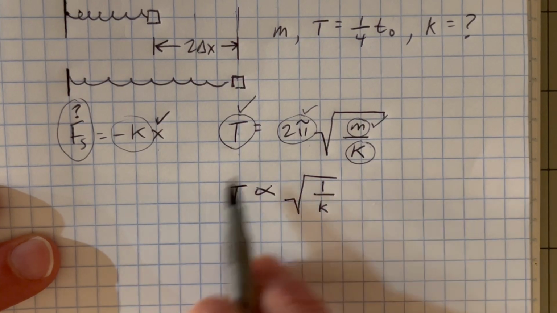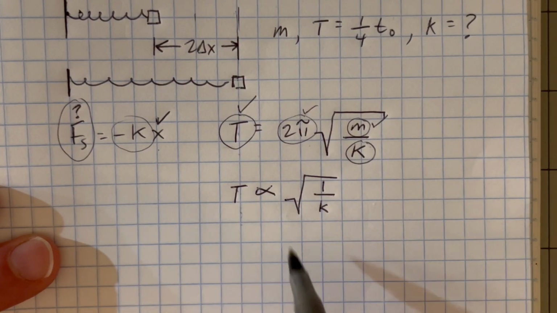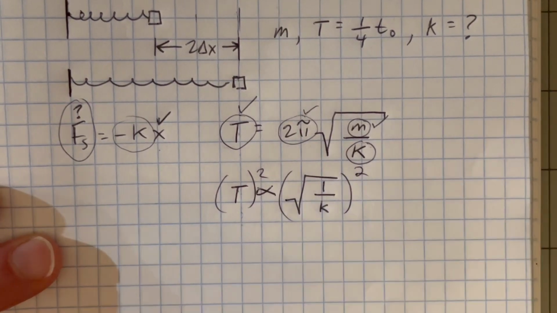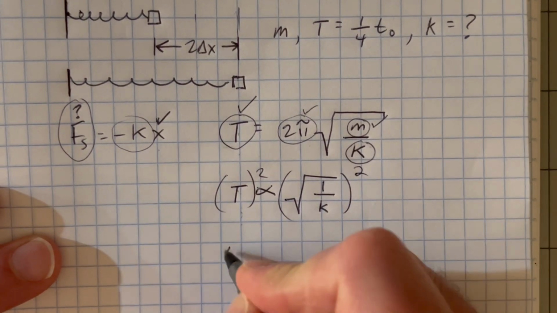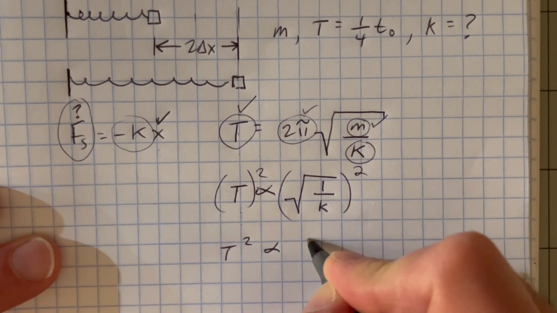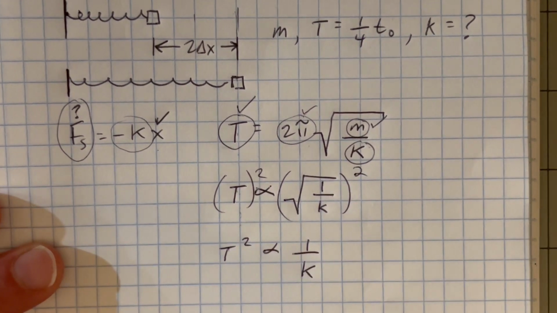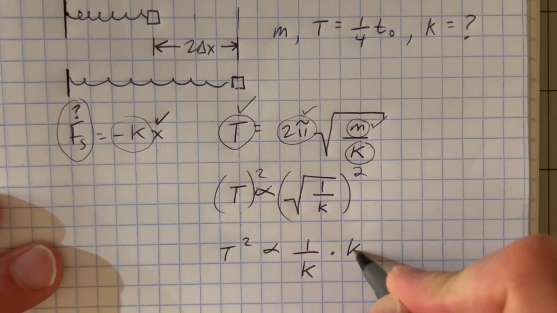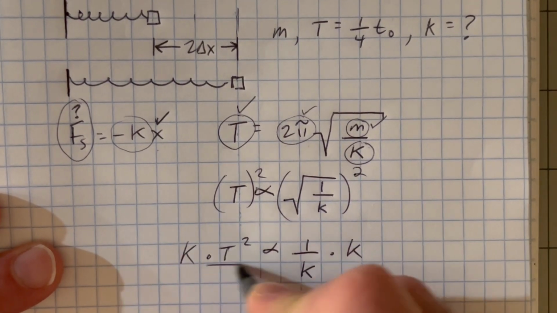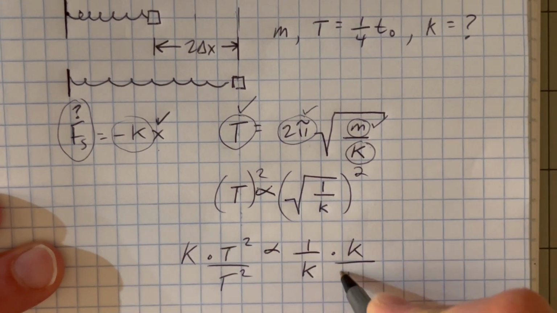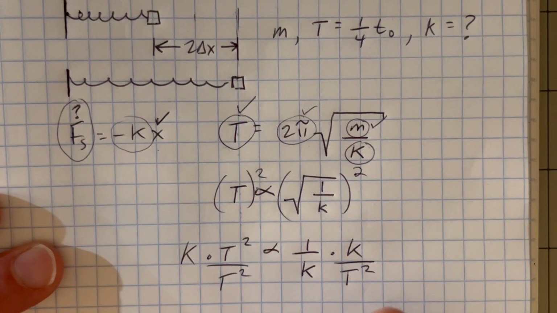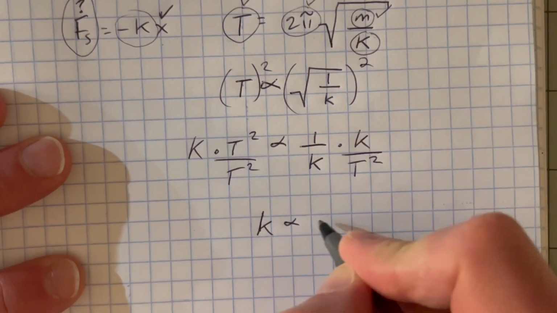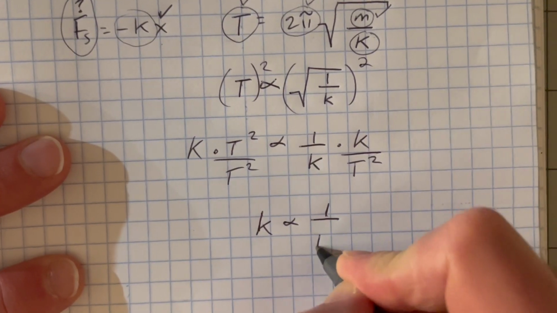So let's solve this for K. Let's take the square of each side. Okay, and then we get T squared is proportional to 1 over K. Now we could rearrange this equation, multiply each side by K, divide each side by T squared. All right, and now we get K is proportional to 1 over T squared.